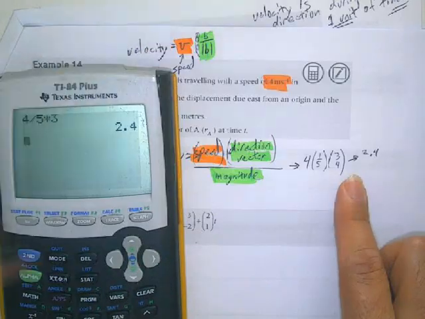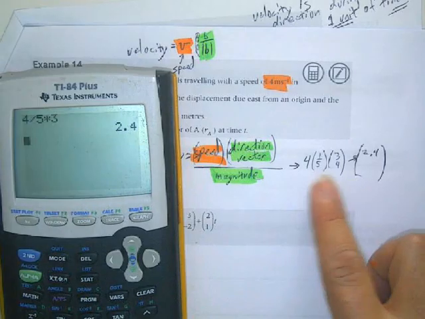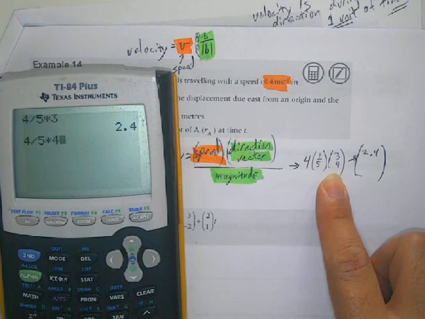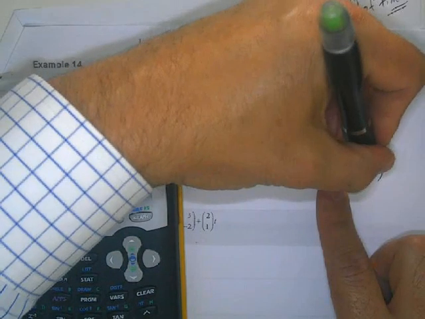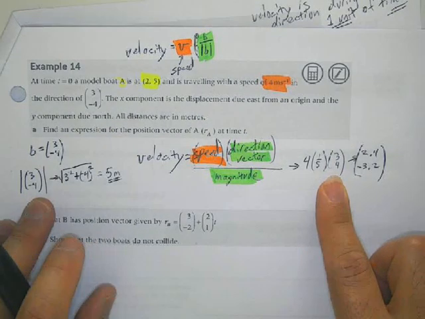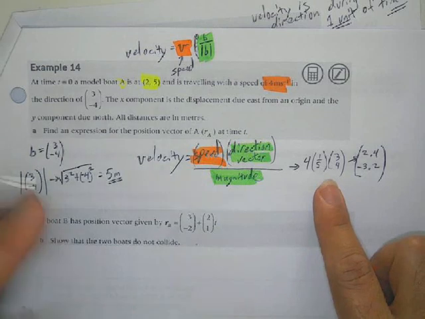And then the y component is 4 divided by 5 times 4, and I get negative 3.2. Okay, so that should have been negative there.